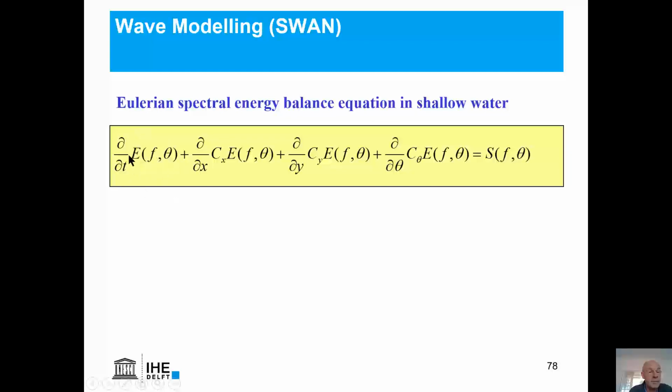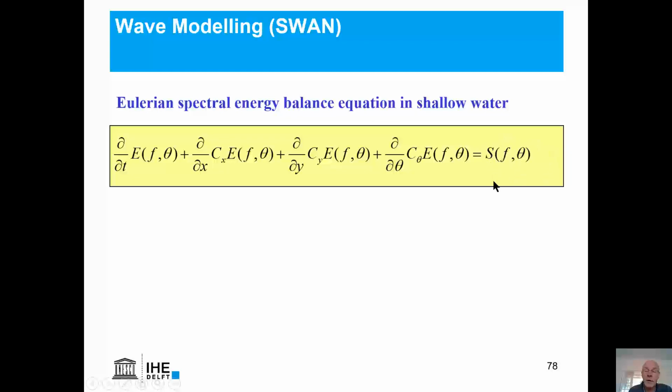There's a rate of change in time, a propagation in the horizontal directions x and y, and also propagation in the theta direction, which means refraction: the waves are turning towards the coast. Of course, if we look at larger areas, we also need to consider the propagation in the frequency direction, but we can largely ignore that in the coastal zone.